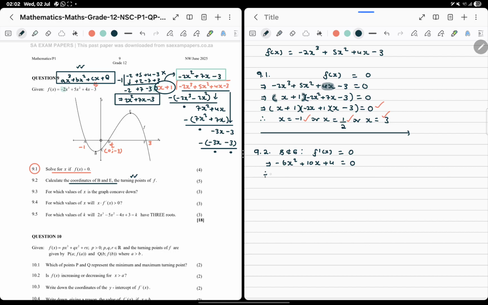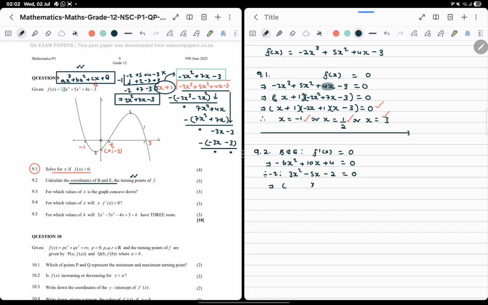So we can divide throughout by minus 2. So we will get 3x squared minus 5x minus 2 equal to 0.